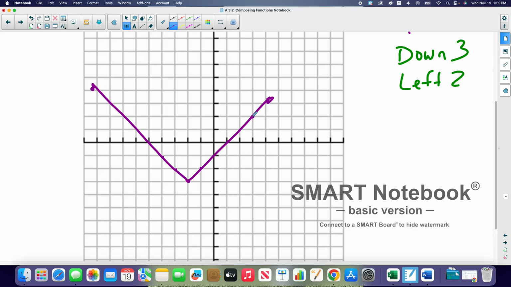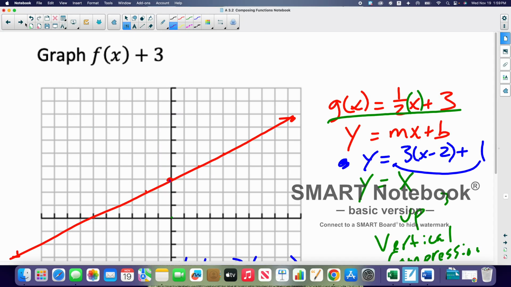Now, there's another way I could have worked this. Anybody work it a different way? Did I have to use my graphs in this case? Could I have used my equations? I could have put 0 right there. Half of 0 is 0 plus 3 is that same 3.